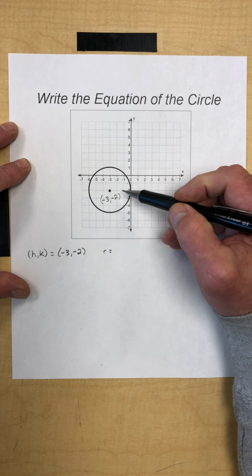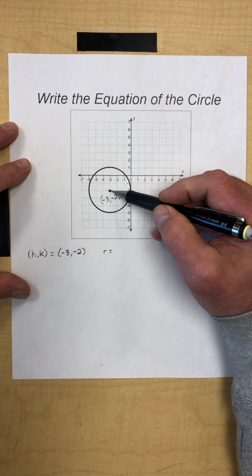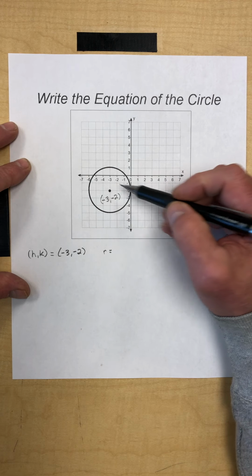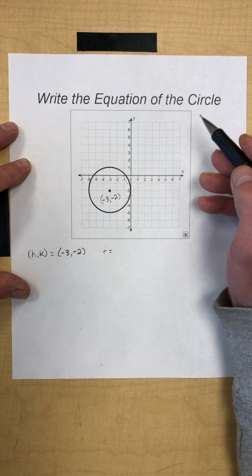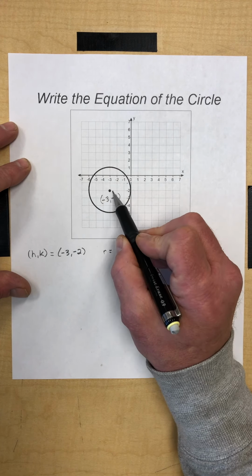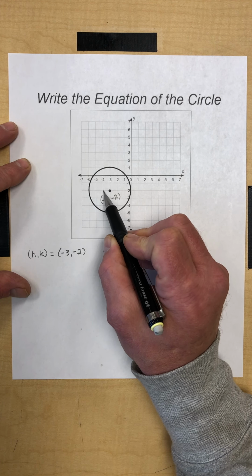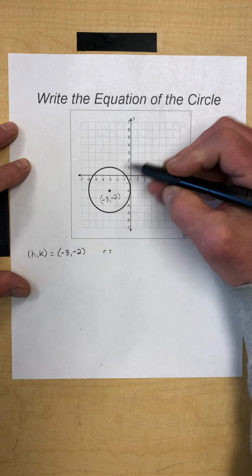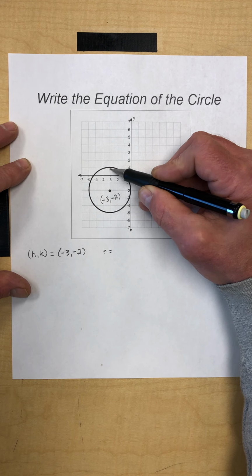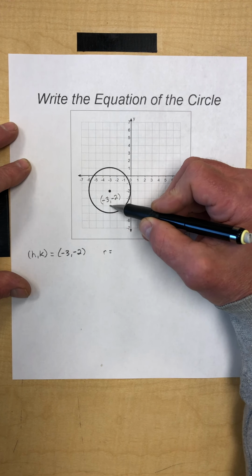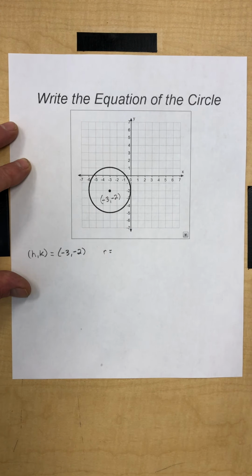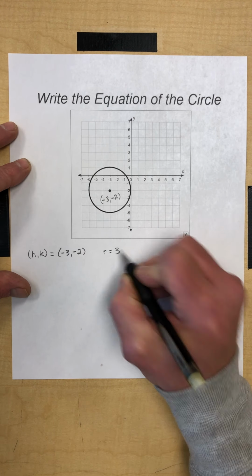I count to the right, to the left, up, and down, and make sure we get the same thing. I get 1, 2, 3 going right, 1, 2, 3 going left, 1, 2, 3 going up, and 1, 2, 3 going down. So it looks like the radius is 3.